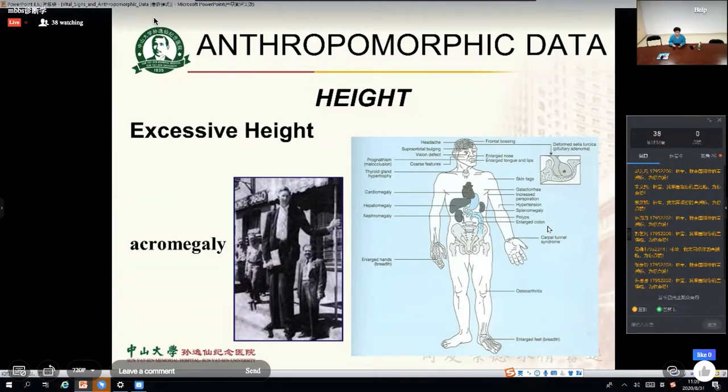And also the patient may have polyps in the colon and carpal tunnel syndrome. These are due to the excessive production of growth hormone in the body. So the patient may have excessive height and also excessive growth development of the organs. So this is acromegaly.